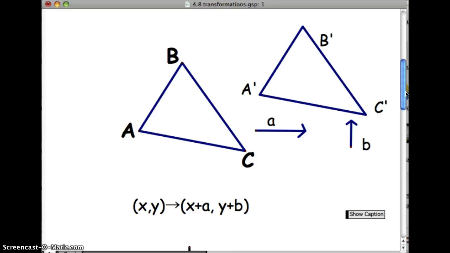That horizontal arrow just represents the fact that any kind of shift horizontally is going to be notated by lowercase a. That lowercase a has nothing to do with the A from the triangle or the A prime. The lowercase a is simply a designation for a horizontal movement. Just like that lowercase b is a designation for a vertical movement. It has nothing to do with the B or the B prime.